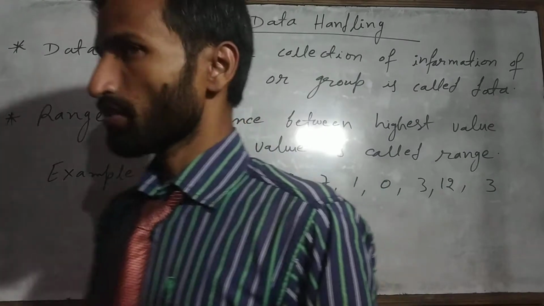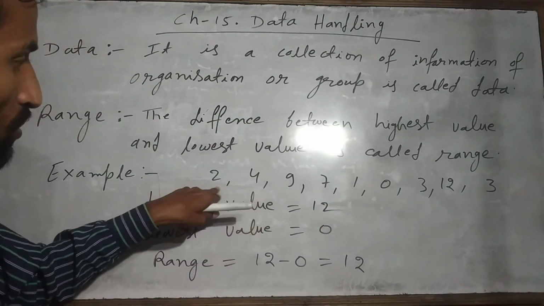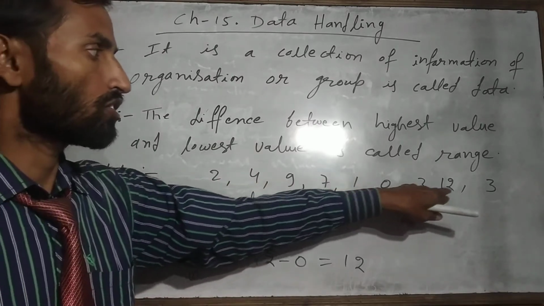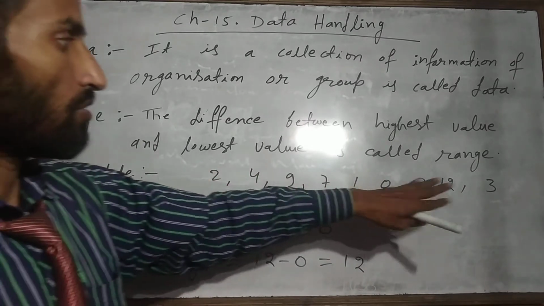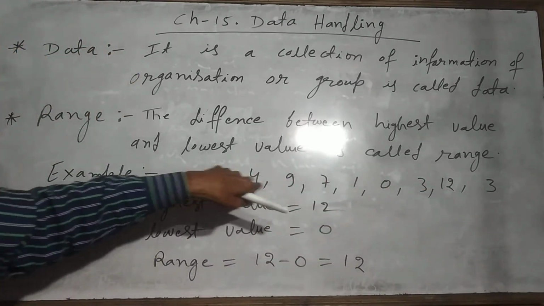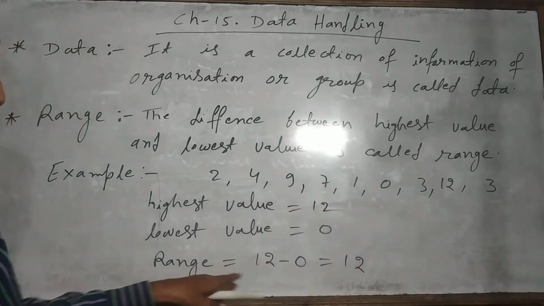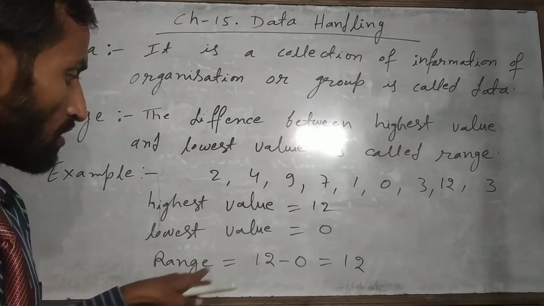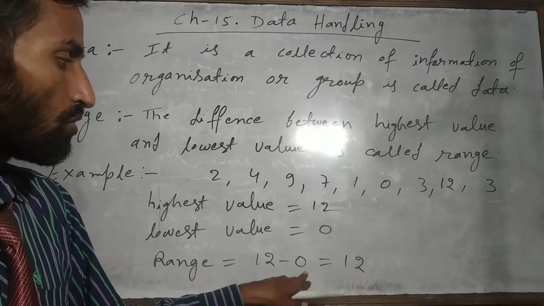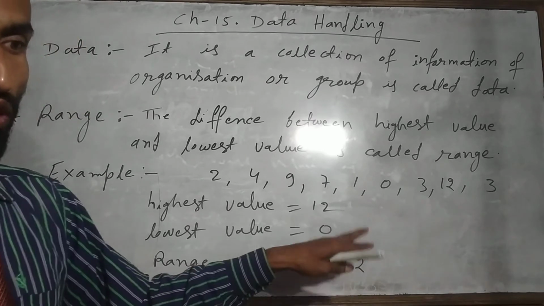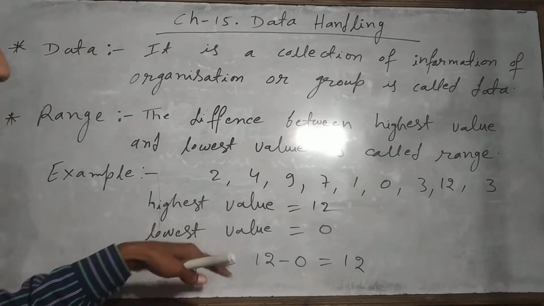For example, here some data are given: 2, 4, 9, 7, 1, 0, 3, 12, 33. The highest value in this is 12 and the lowest value is 0. To find range, use highest minus lowest, so 12 minus 0, range is equal to 12. Like that you will find the range of any information or data.